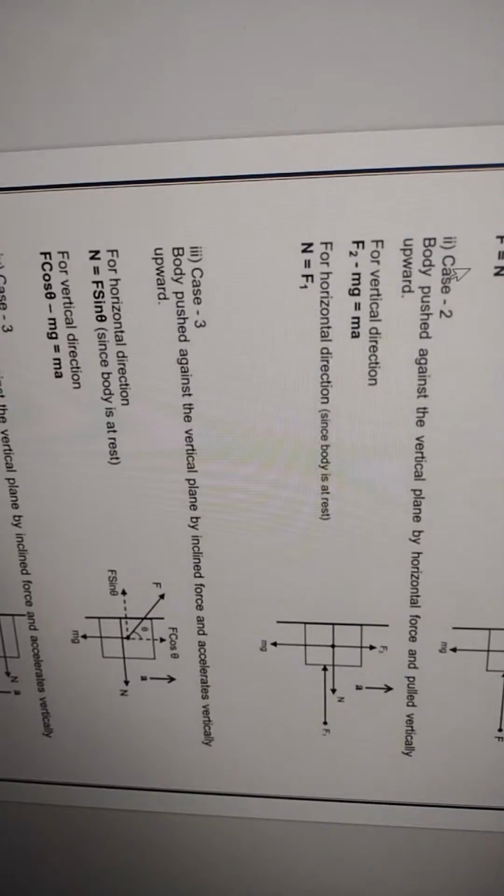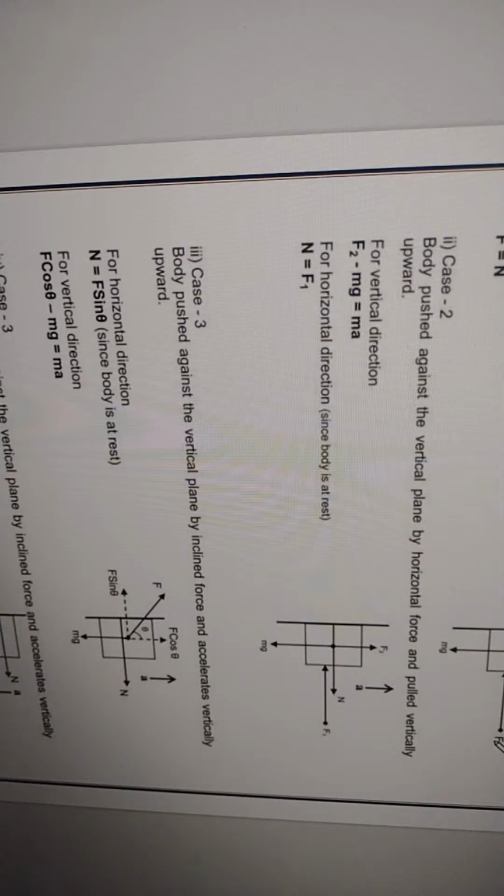Second one is... so we have finished this one. The case one is a body pushed against a vertical plane by a horizontal force and moving vertically downwards. So this is downwards.